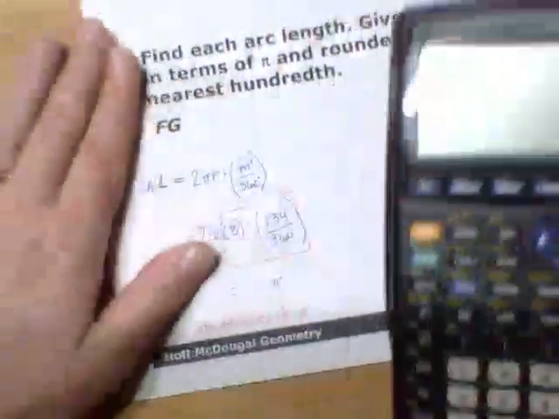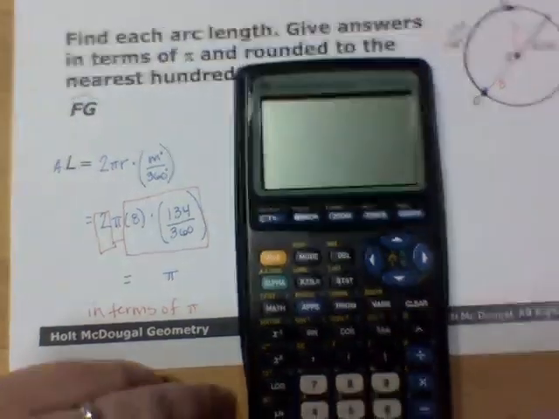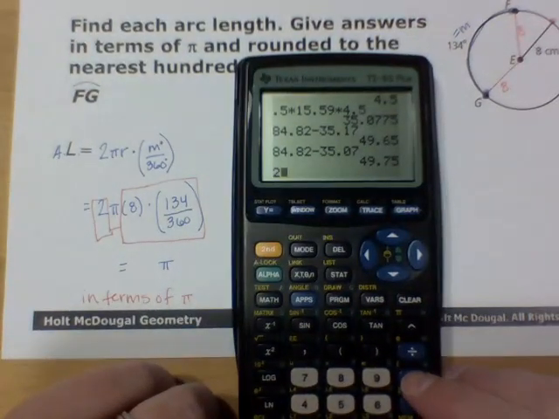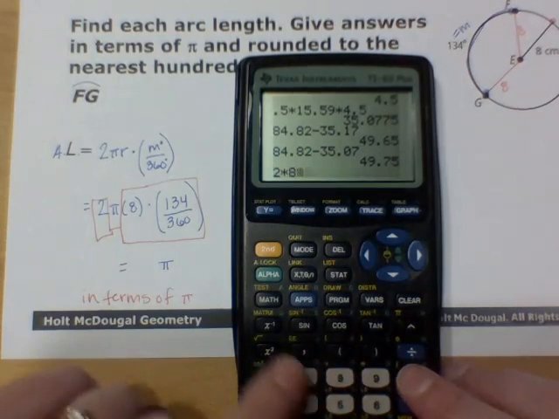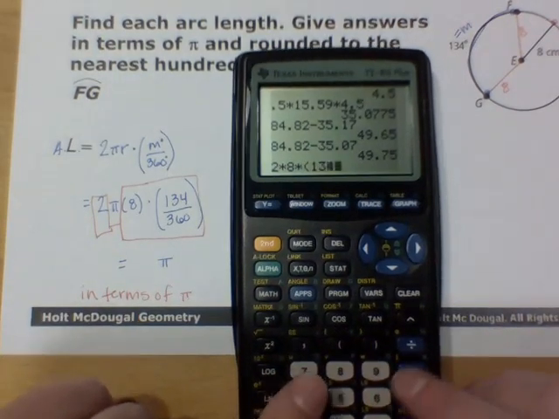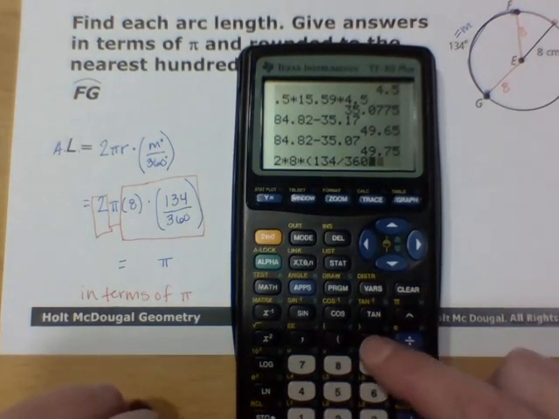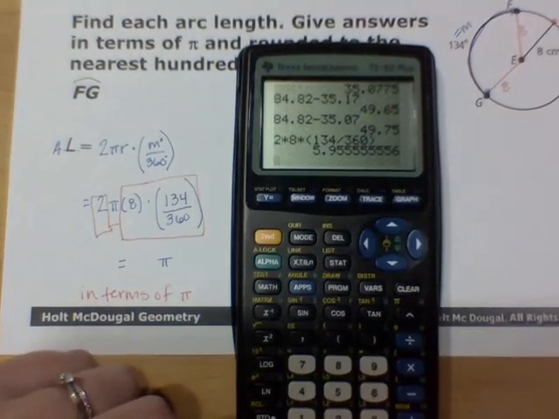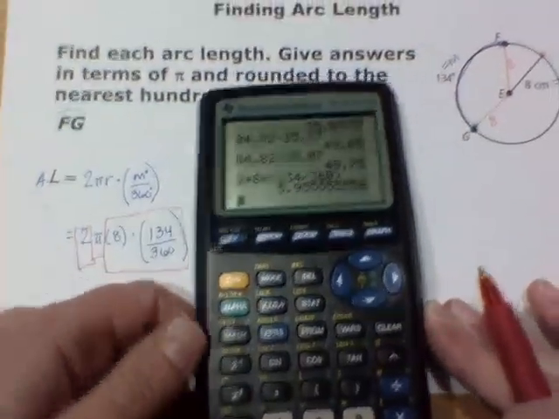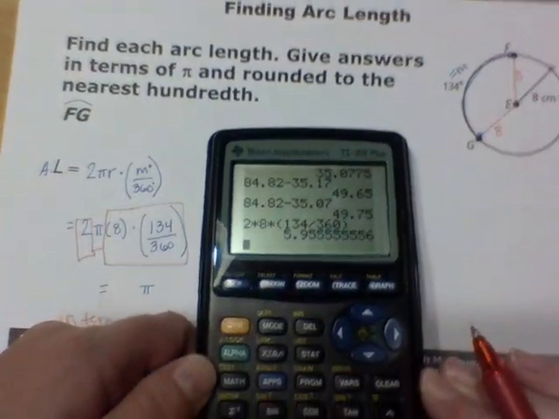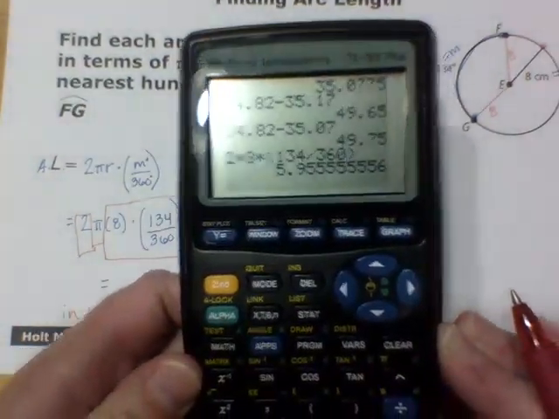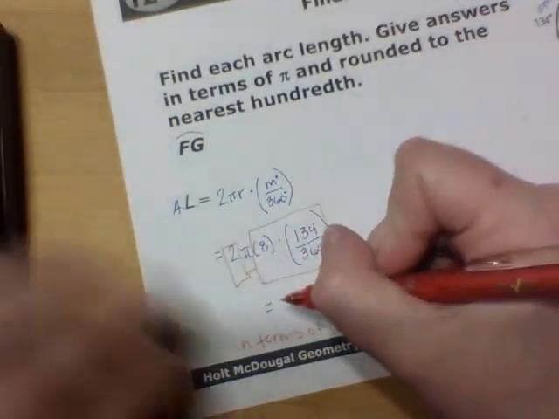So I get to skip the pi if you're multiplying, so 2 times 8 times 134 divided by 360, and that's 5.95. And notice that it says to round to the nearest hundredth in the next one, so 5.96.